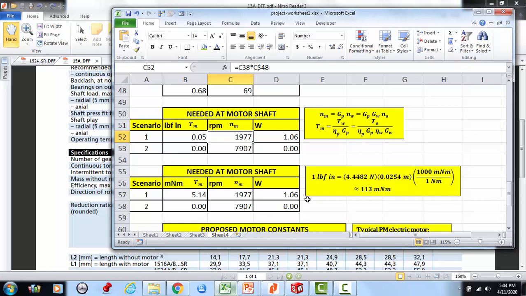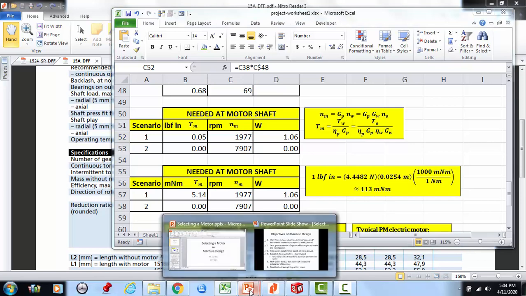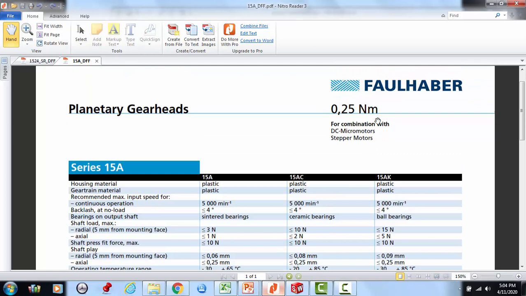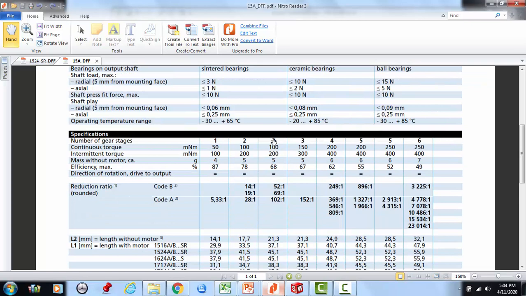So static-wise, we're sort of okay here. There's one thing I want to point out that I'm not completely happy with. The planetary says that it's good for 250 millinewton meters, but this particular stage says intermittent torque is limited to 200 millinewton meters.